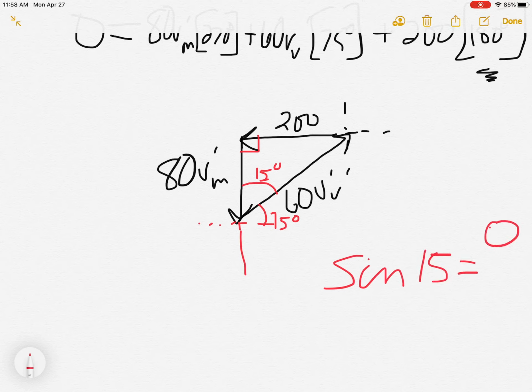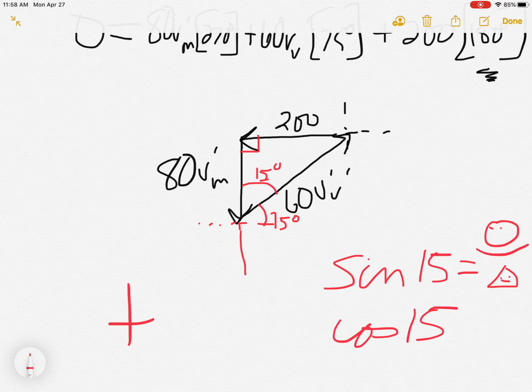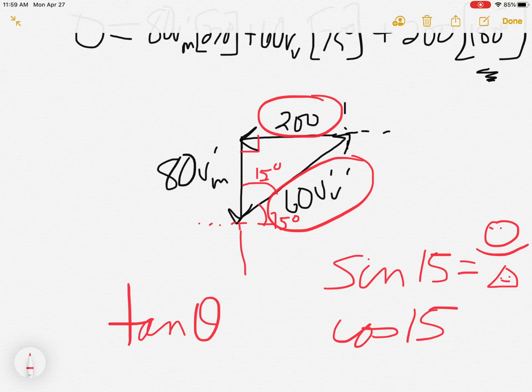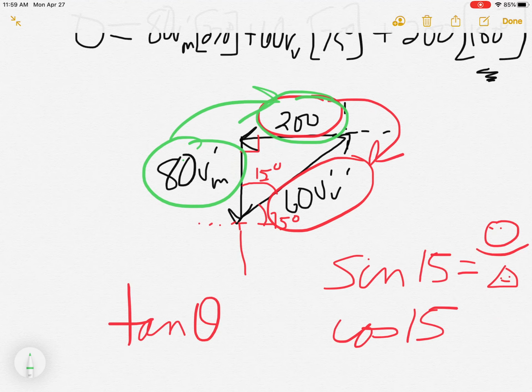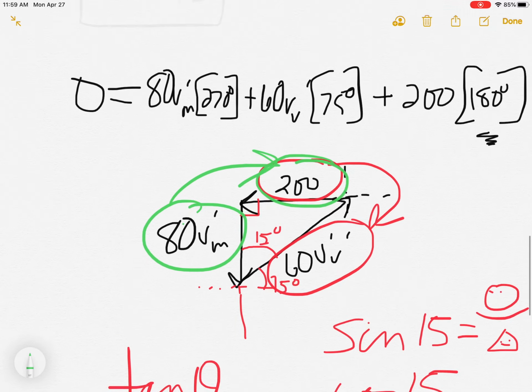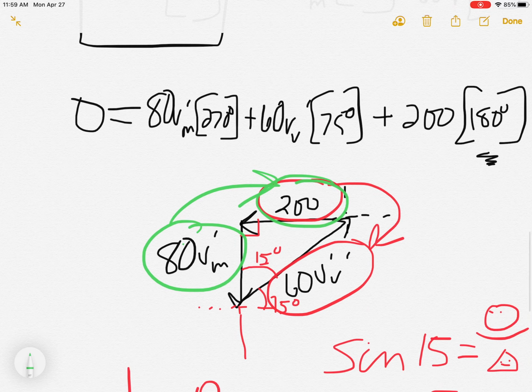And in this right triangle, I have an angle of 15 degrees. Now I can set up trig ratios. The sine of 15 is going to equal something interesting. The cos of 15 or the tan of 15 can all be used to figure out ratios that will involve the 200, a constant number, and this side, or the 200 and the constant number on this side, and make them solvable.